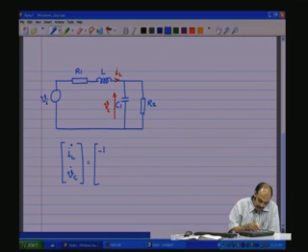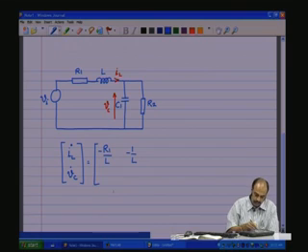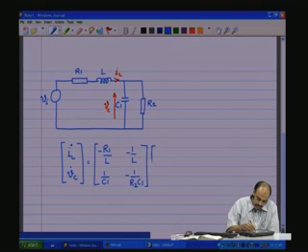We had minus R1 by L as one element, minus 1 by L as one element, 1 by C1 as one element, and minus 1 by R2 C1 as another element. This is the A matrix.